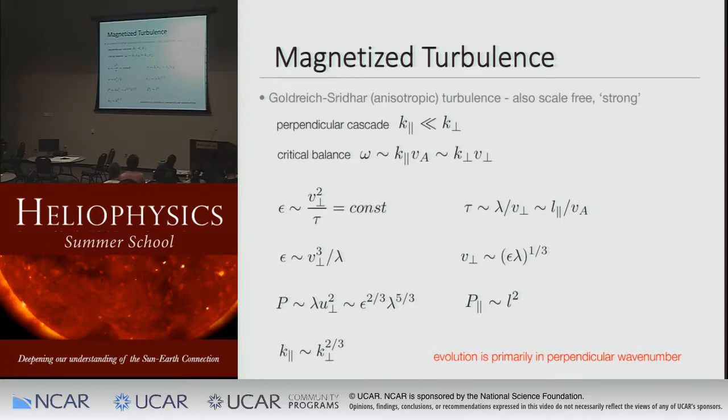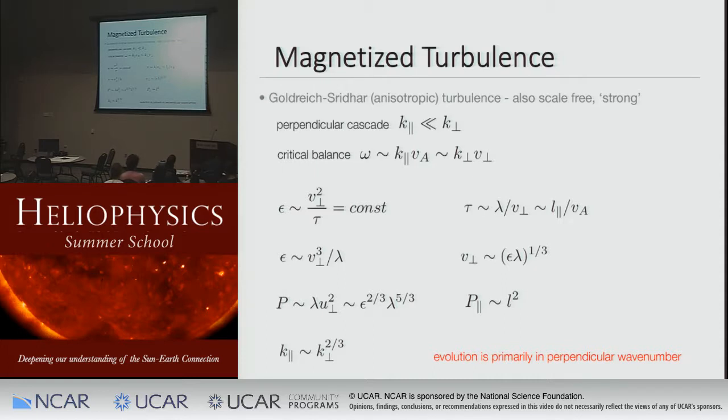Okay. Now you have two time scales, because you have your time scale associated with the nonlinearity that you had before, which is this V perp, K perp, but you also have just the simple Alfven wave time scale, right? So what goes into this model is to assume that those two time scales are the same, that the Alfven wave time scale and the nonlinear time scale are the same.